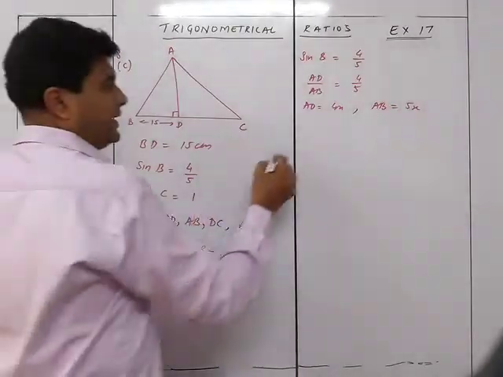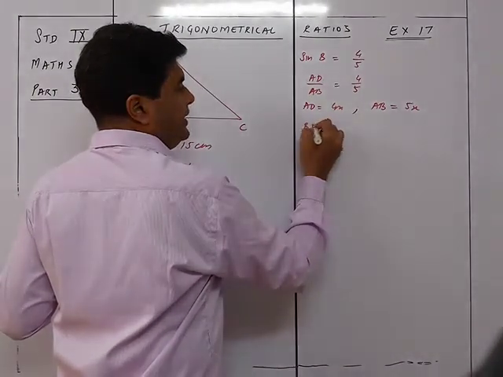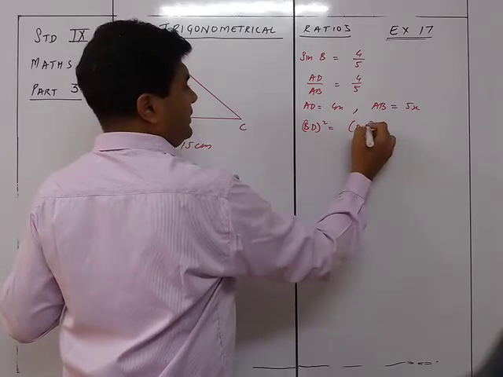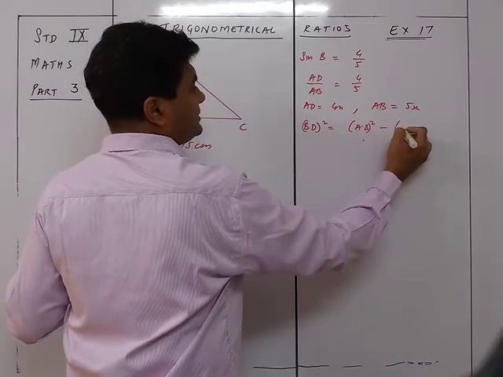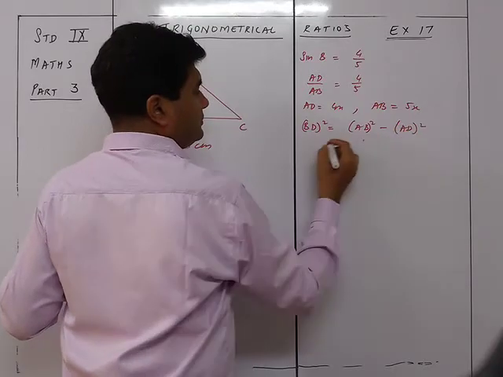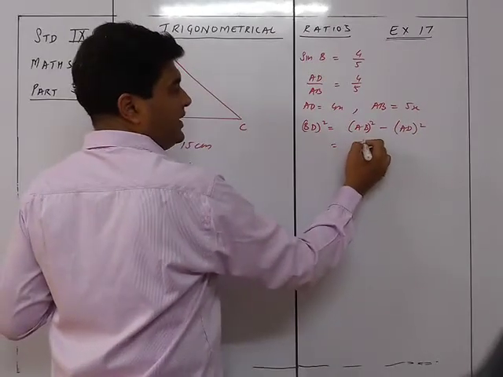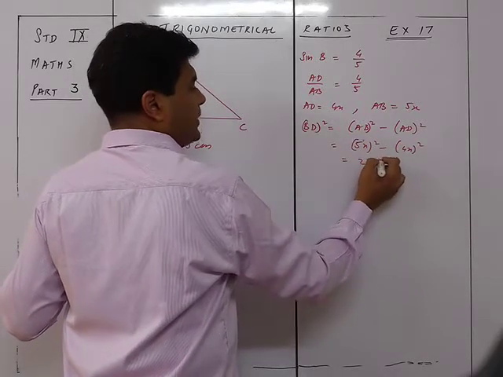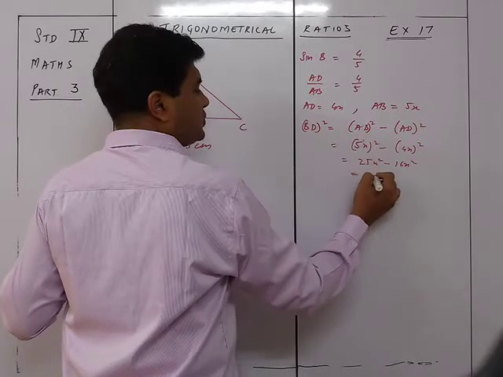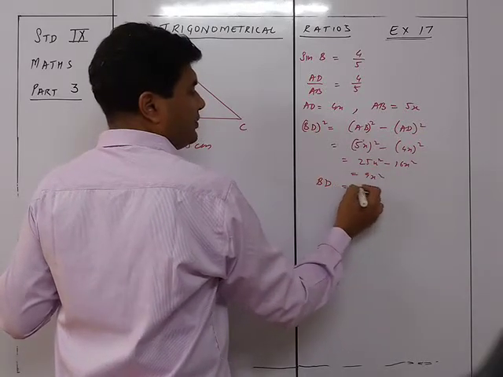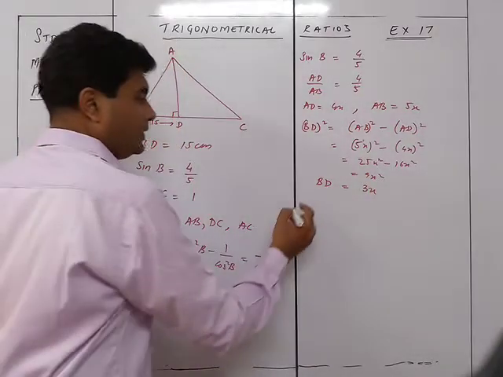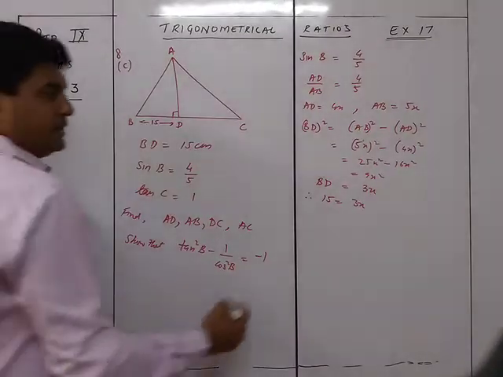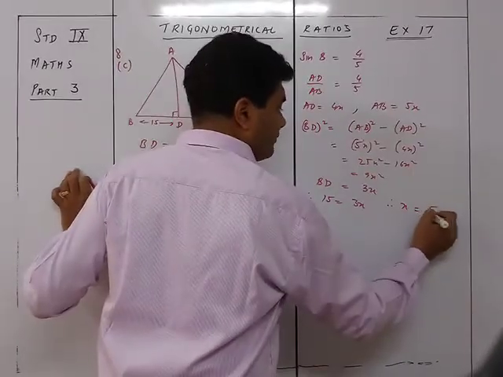So we know here that BD square is equal to AB square minus AD square. So AB square is 5x the whole square minus 4x the whole square, is 25x square minus 16x square, is equal to 9x square. Therefore BD is equal to 3x. Therefore 15 is equal to 3x because BD is already known to us. Therefore x is equal to 5.